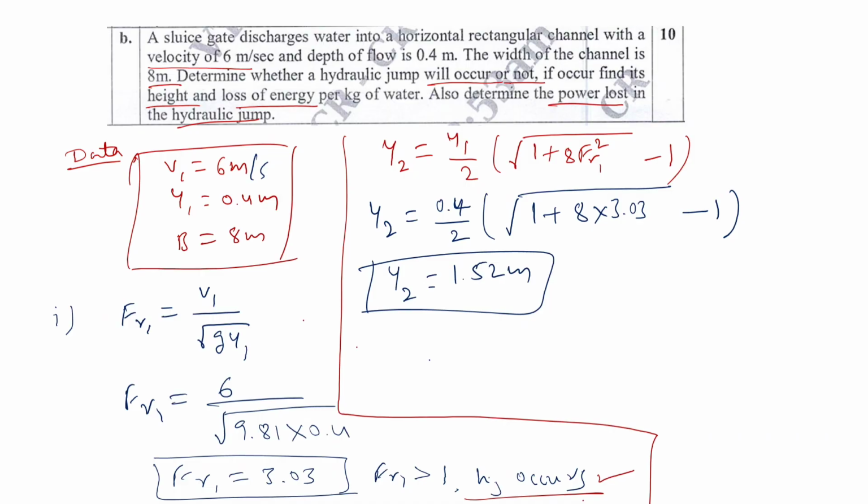Next, we have to determine the loss of energy, that is given by HL is equal to (y2 minus y1) whole cube divided by 4 times y1 into y2.